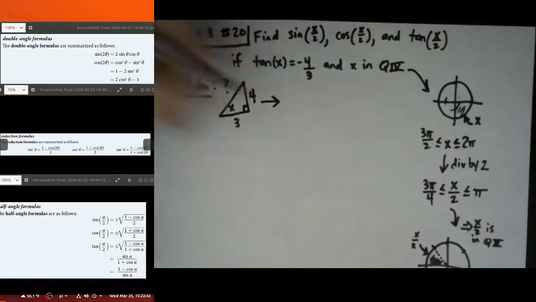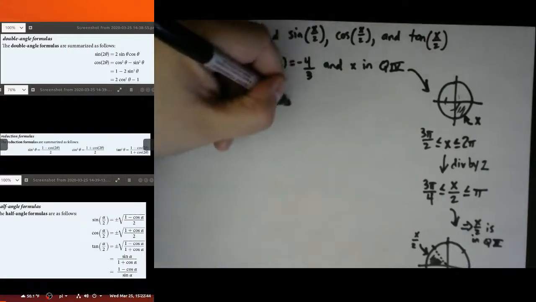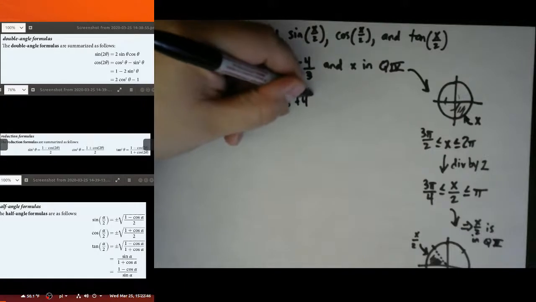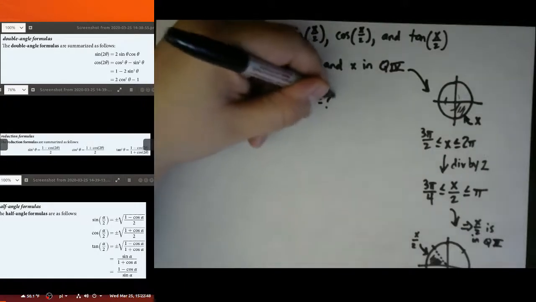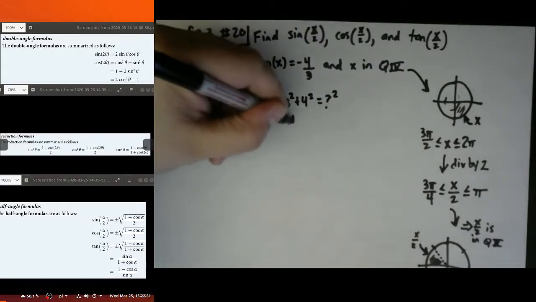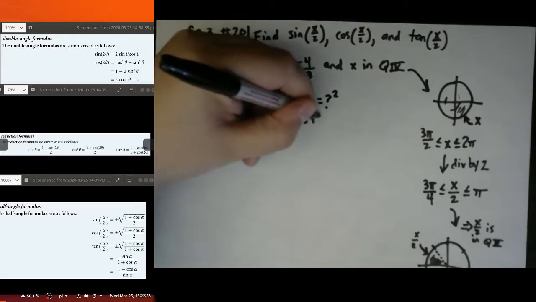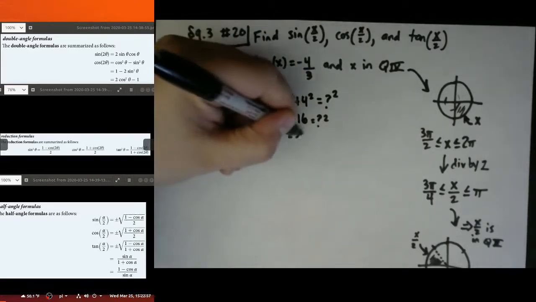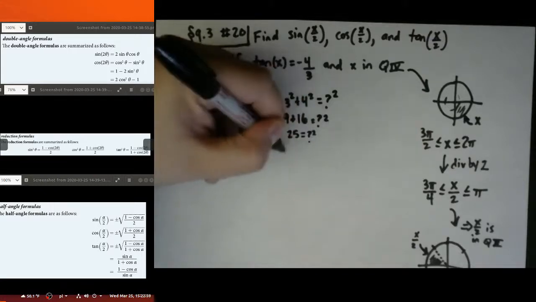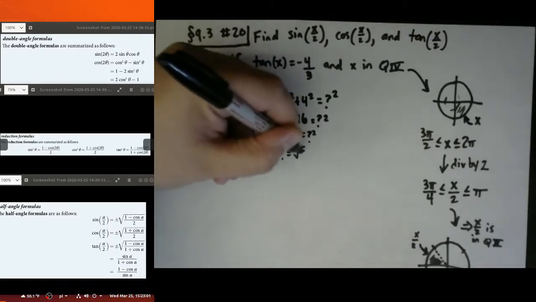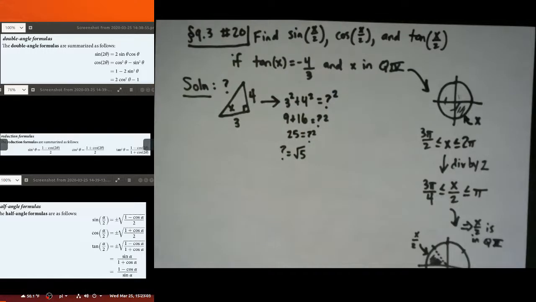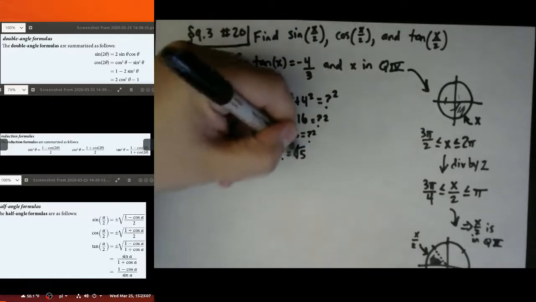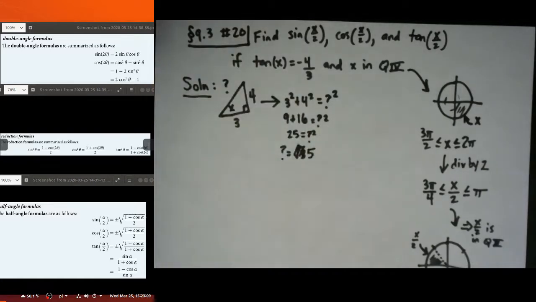Well, by Pythagorean theorem, 3 squared plus 4 squared is question mark squared, or in other words, 9 plus 16 is question mark squared, or 25 is question mark squared. So question mark must be 5. It's a 3, 4, 5, not square root of 5. It's equal to 5. Square root of 25 is 5. It's a 3, 4, 5 triangle.